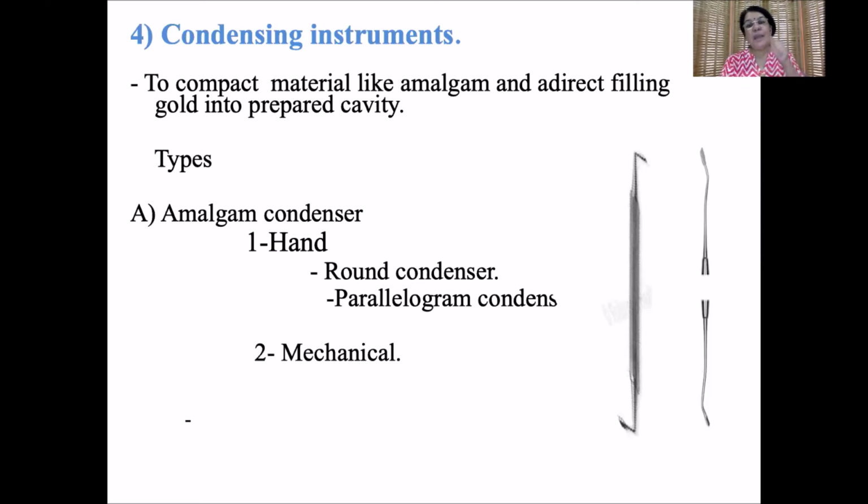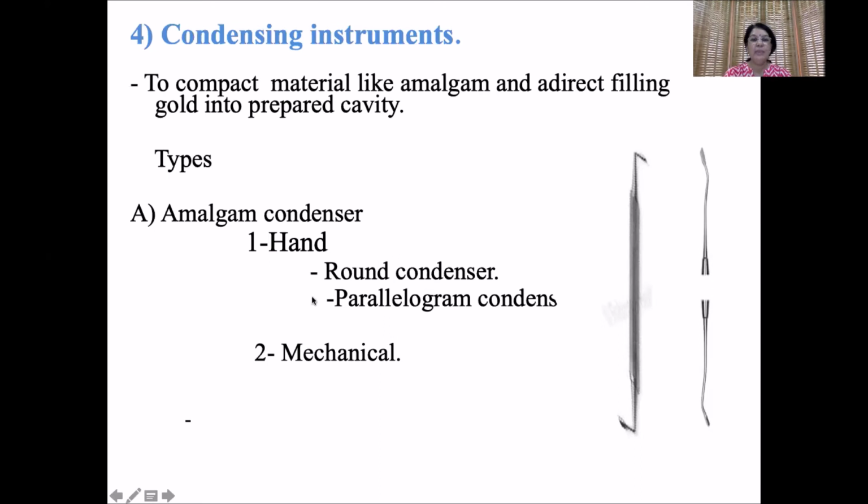You have to press it with something. So those pressing instruments, that is condensing instruments, are very important instruments, and they are to be used to place the filling material firmly into the cavity area so that it adapts properly.